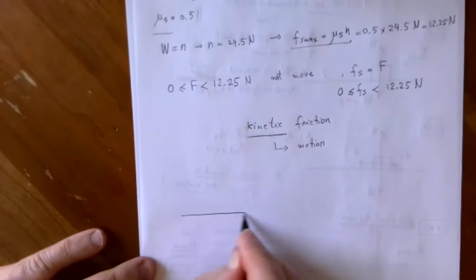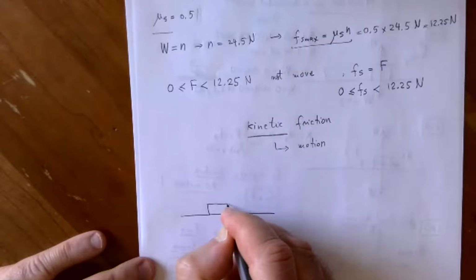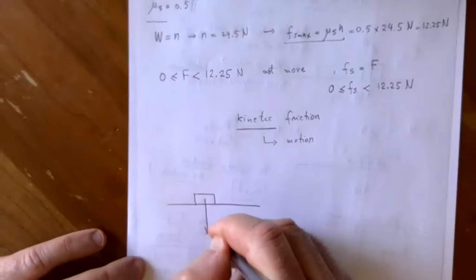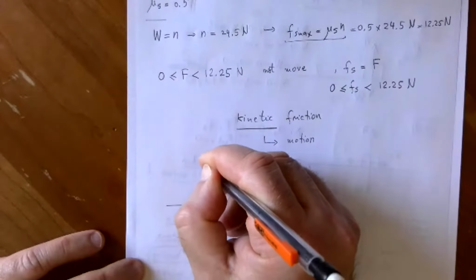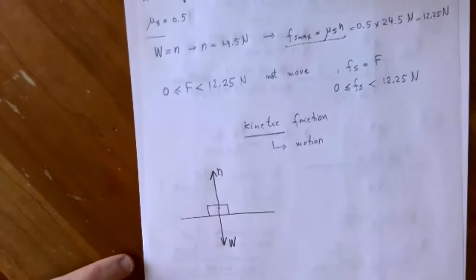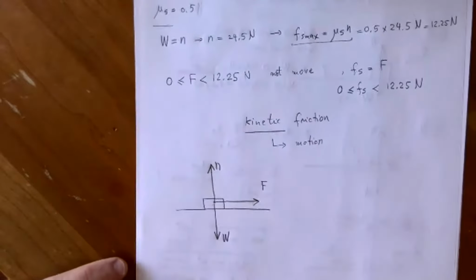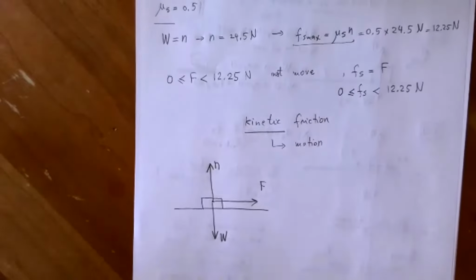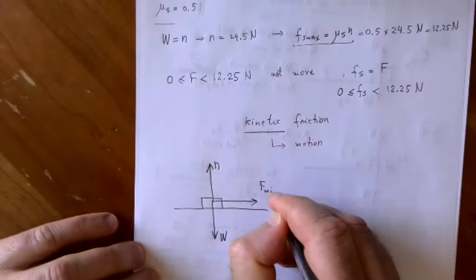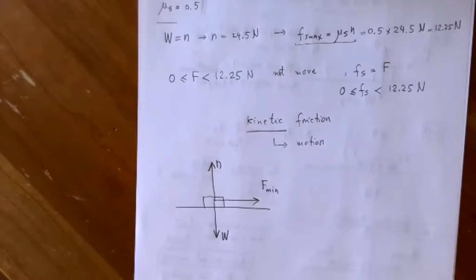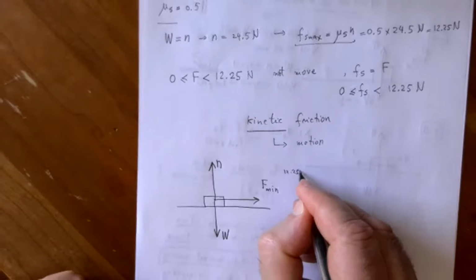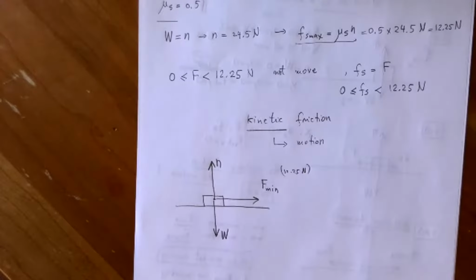So if I go back to my picture, I have the weight, I have the normal force. And now I apply the force, something that is just enough to get the object to move. This is our 12.25 newtons in the example.